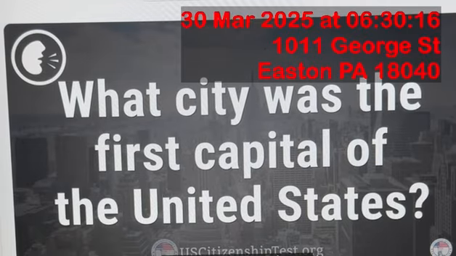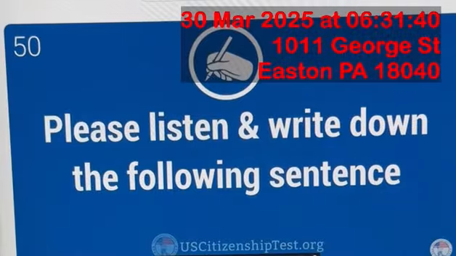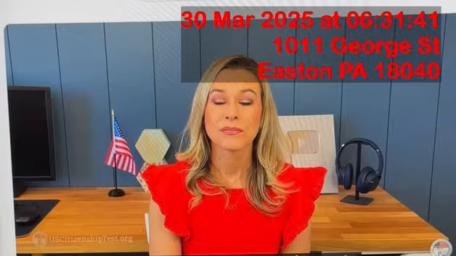New York City was the first capital of the U.S. Who is the father of our country? President Washington is the father of our country.